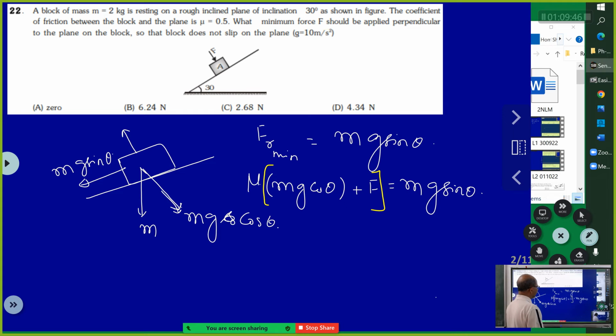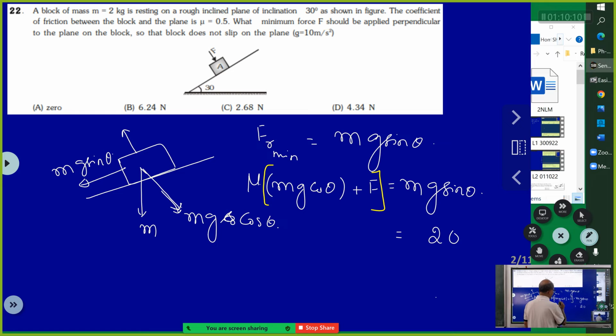So you should be able to do the analysis quickly here. Mu value is 0.5, so this side becomes half. M is 2 kg, so this is 1.5 into 4, g is 10, so 40. And sin 30 is half, so the right side will become 20.